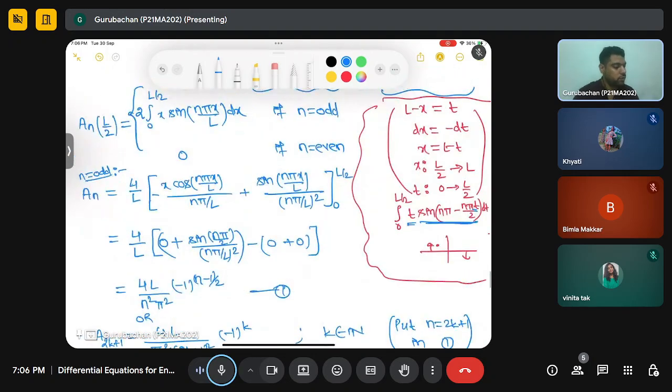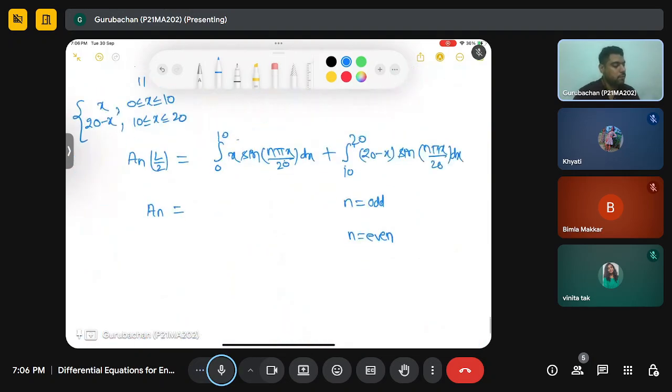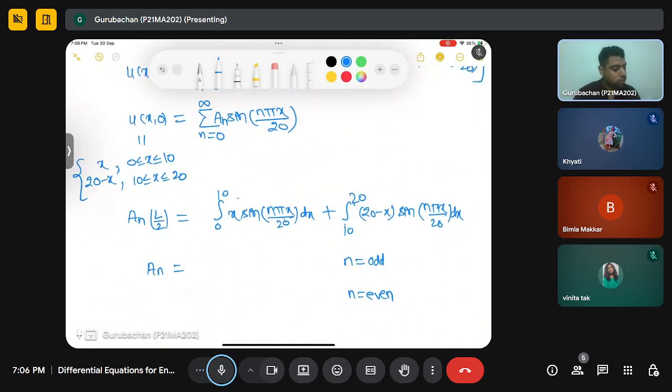So this will give you 20 by 2, this will be 1 by 10, and 2 times will come from here. So 1 by 5 integral 0 to 10 of x sin(nπx/20) dx if n is odd, and 0 if n is even.